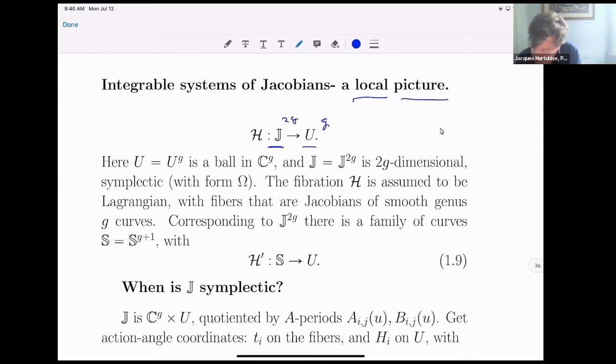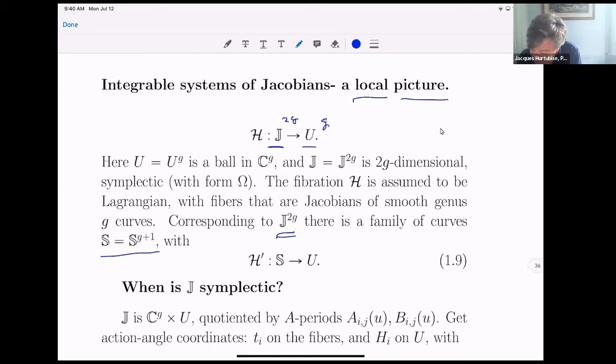You've got a 2G dimensional space, and the fibers are Jacobians of curves, so genus G curves. So the fiber is an abelian variety, and the base is just, say, a ball. So corresponding to this, there'll be a family of curves, which the global space is G plus one dimensional, and now the fibers are just one dimensional.